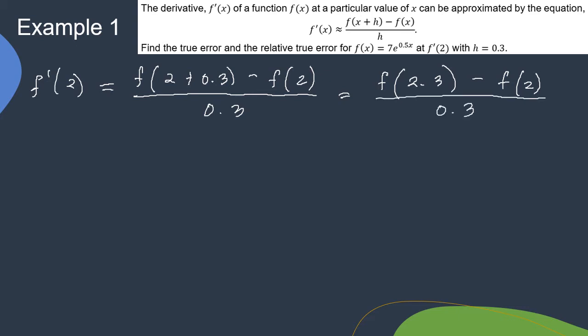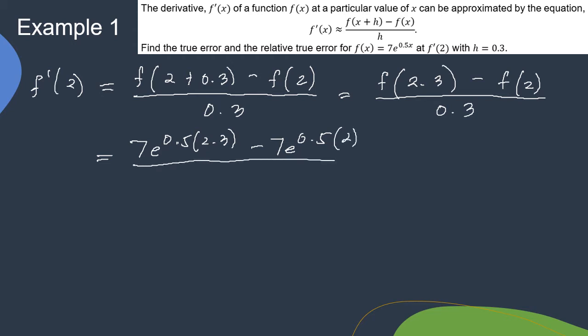Substituting to the function of x, which is 7e raised to 0.5x, we now have 7e raised to 0.5, and then the value of x, which is 2.3, minus 7e raised to 0.5 times x, we have 2, divided by 0.3.